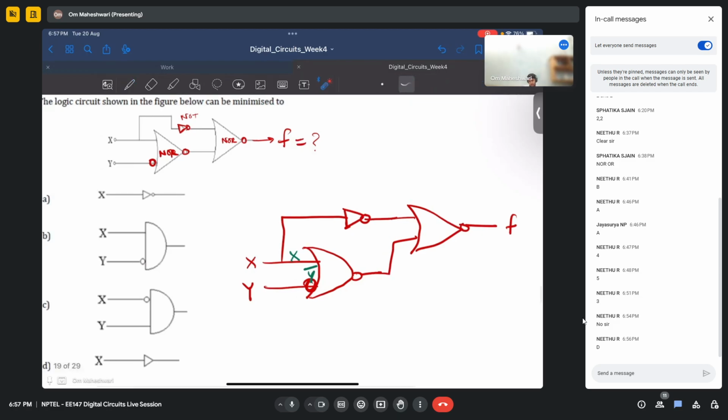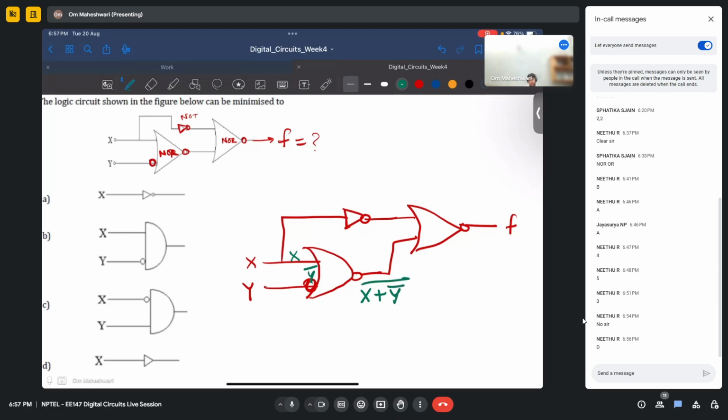Due to this bubble, when this bubble is there in the input, that means your input is inverted. So the input going into the gate is Y bar, not Y. This is the important thing to note here. So you have NOR of X and Y bar. So it will be X plus Y bar whole bar, right?